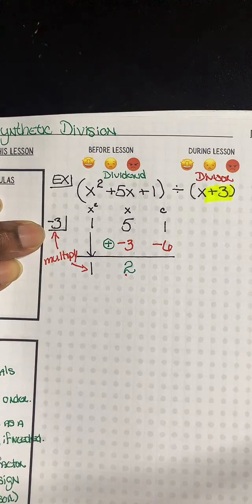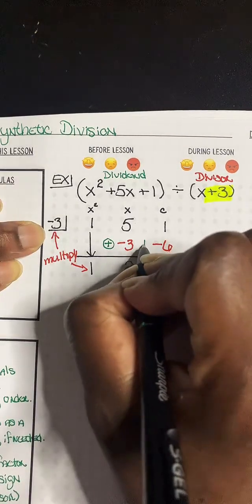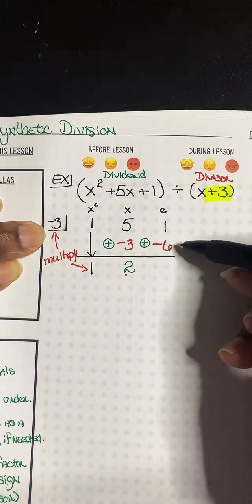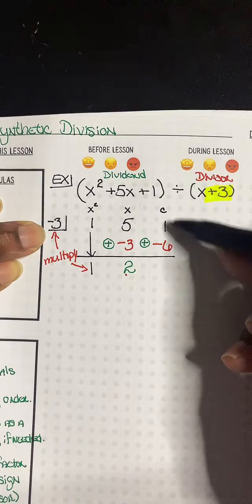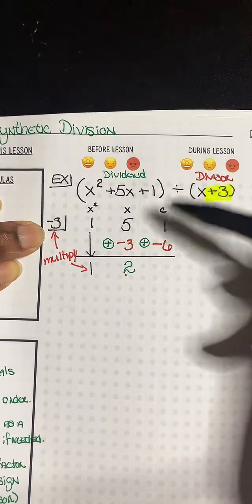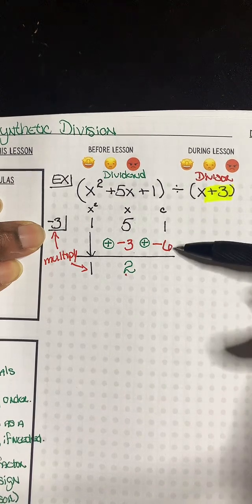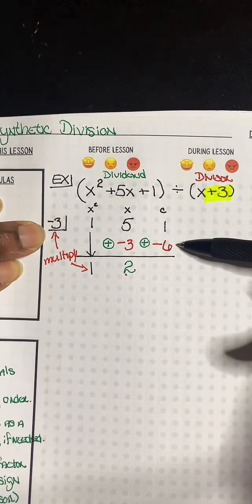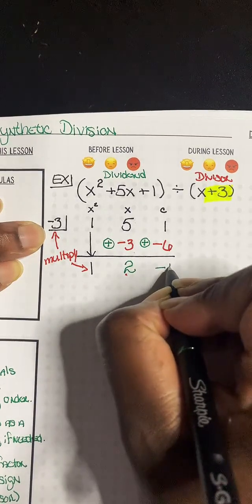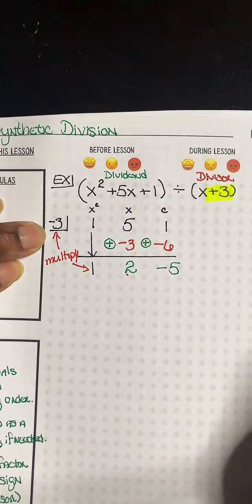And now you're going to add these two together. And again, the signs are opposite, so you're really subtracting. Think about it. You have $1. You want to buy something that costs $6. Well, you are short $5.